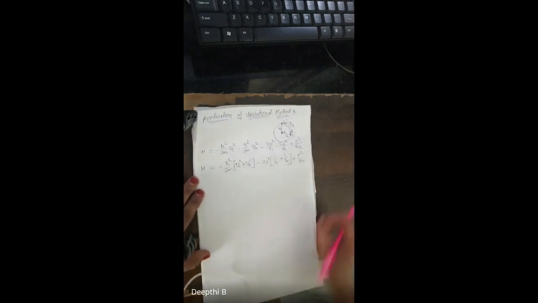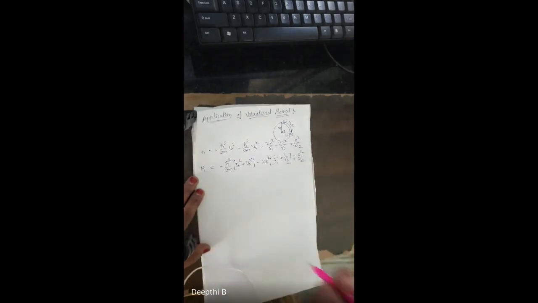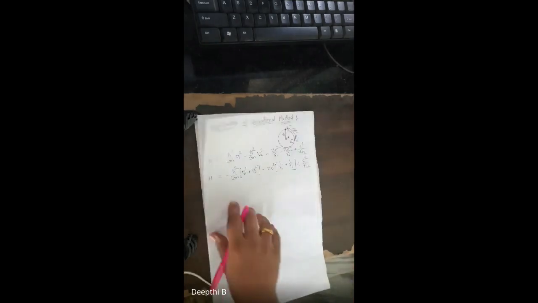Okay, so in this equation, what are del 1 and del 2? They are Laplacian operators for the first and second electron. And r1, r2 are the distances between electron and nucleus. Distance between first electron and the nucleus is r1, distance between second electron and the nucleus is r2, and the distance between these two electrons is r12.